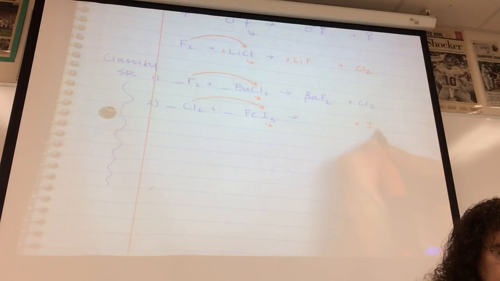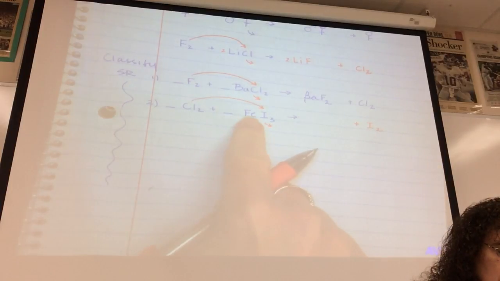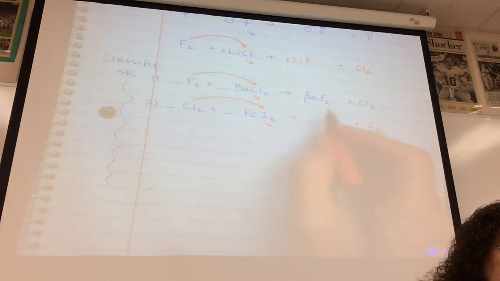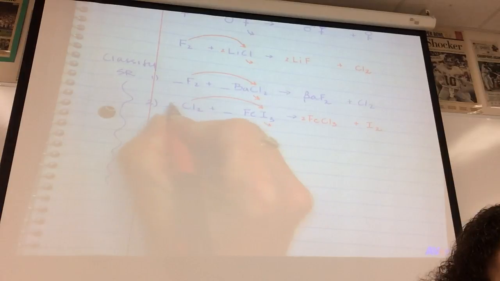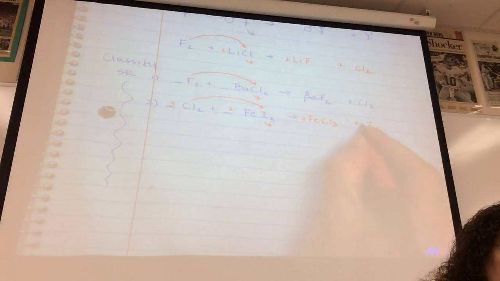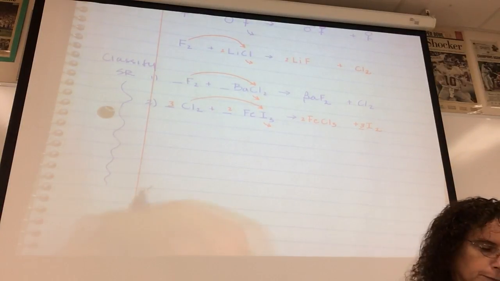I2, diatomic. And now, when you formula write, you know the charge on iron is 3+, so you have iron 3 chloride. And then you very simply balance it off. So be careful with one like that.